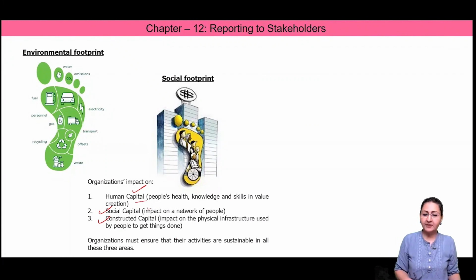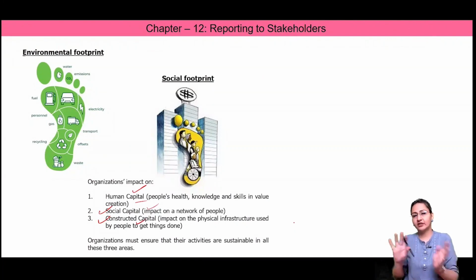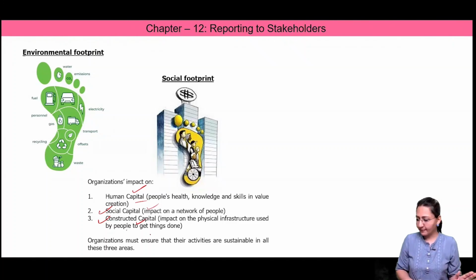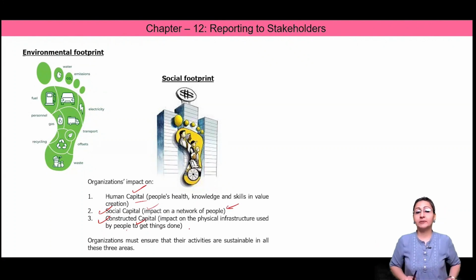Then comes social capital, impact on the society. The society as a whole will get developed, infrastructure will improve, and infrastructure will come under constructed capital. Social capital will be the impact on the people.